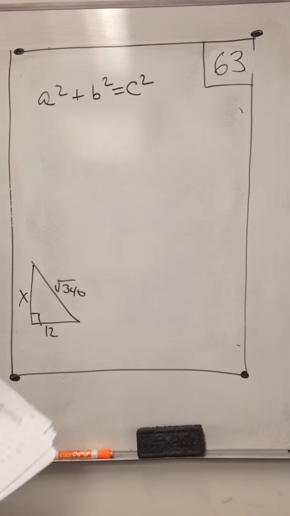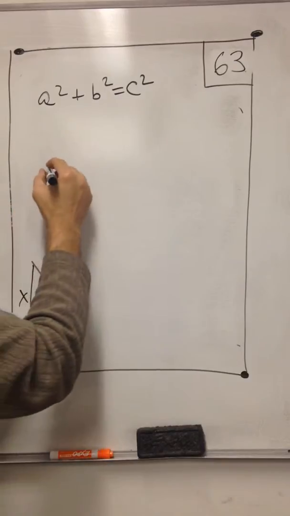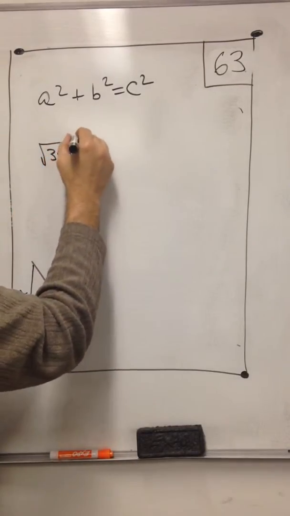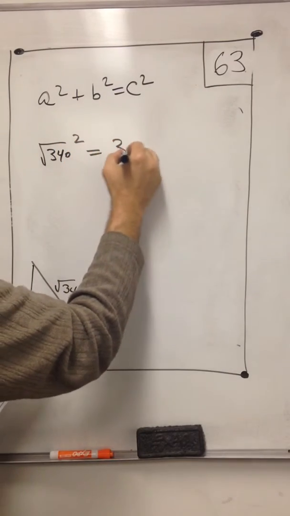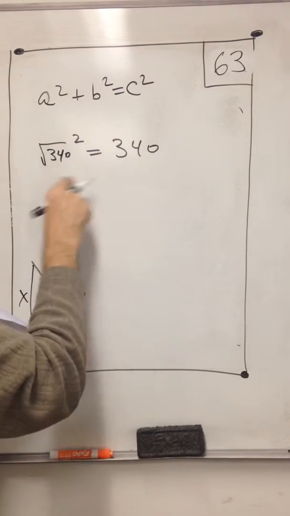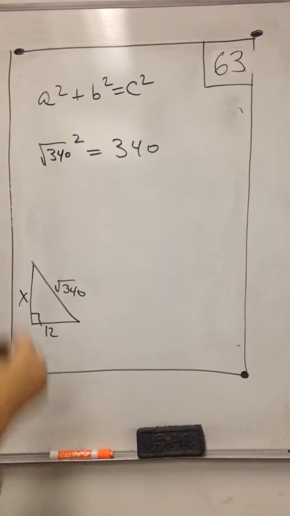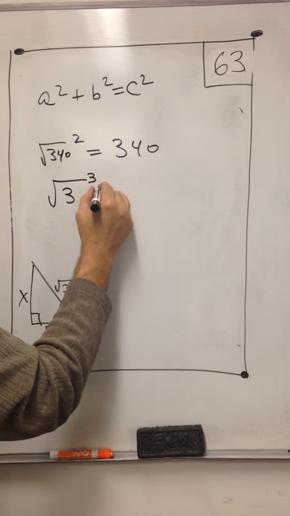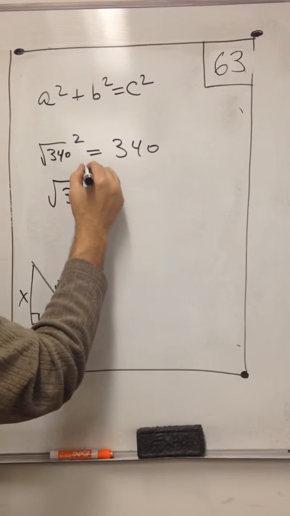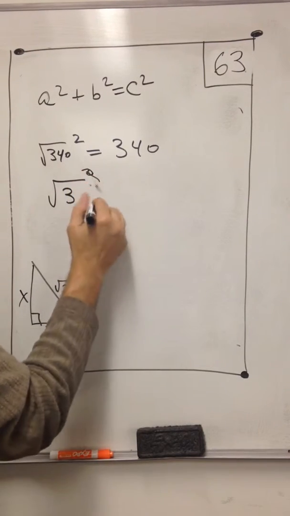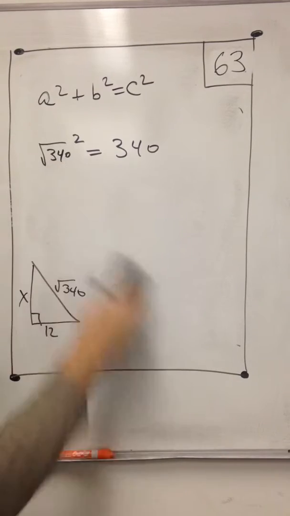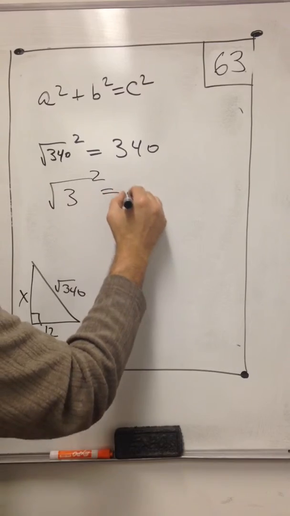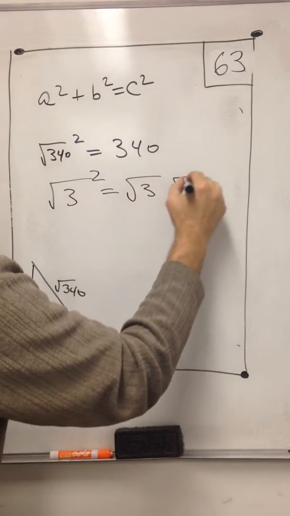I want to touch on something before I go any further. I want you to realize that the square root of 340 squared is 340. It's a good thing to know. For example, what's the square root of 3 squared? Let me try that again. The square root of 3 squared is the same as the square root of 3 times the square root of 3.